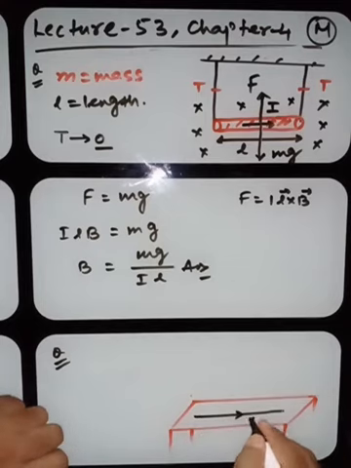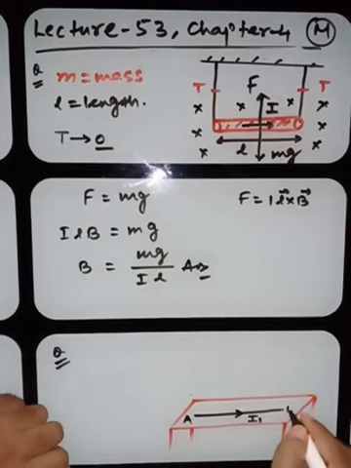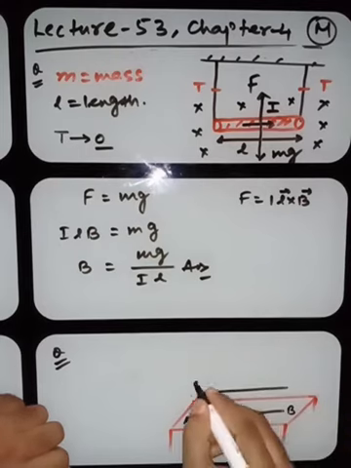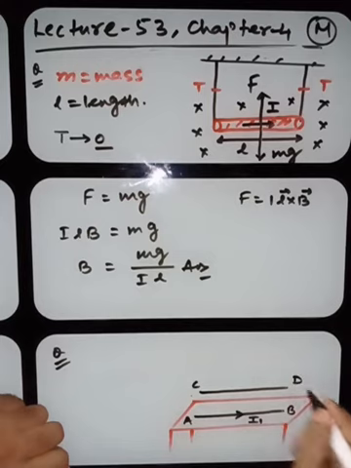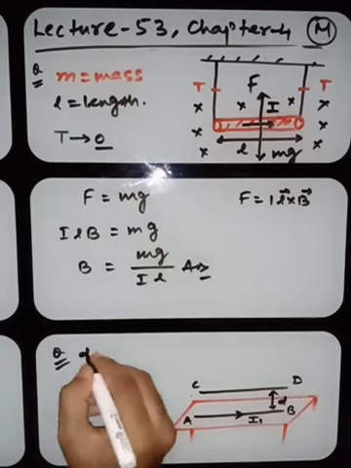Suppose it is I1. The name of this conductor is AB. Alright, another conductor placed just above this conductor, named CD. There's a quite separation between these two. Suppose it is D and it is given.